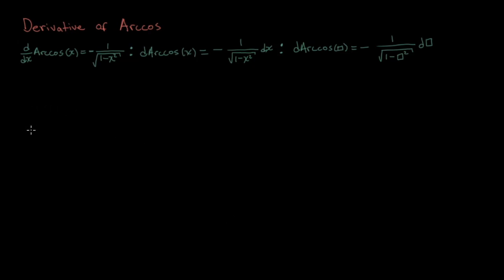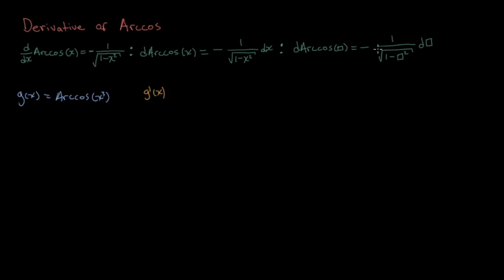So let's say you're given a function g at x equals arccos of, we'll say, x to the power of 3. How do we evaluate the derivative of that? We'll call it g prime at x.